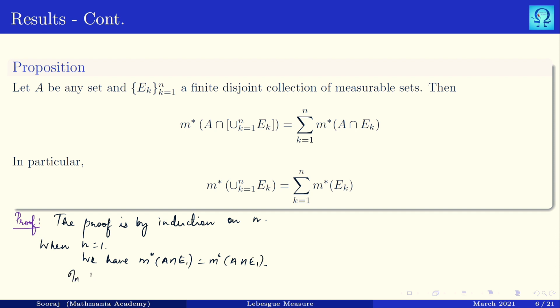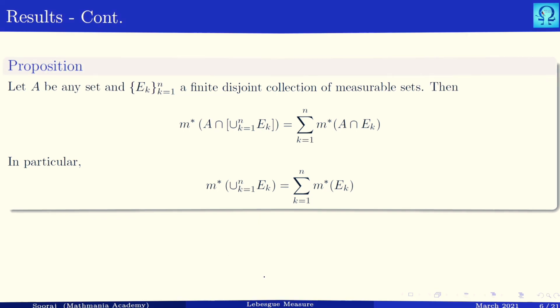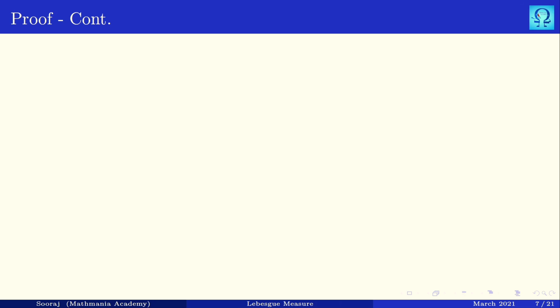So in this case, the proof is obvious. So we assume that the result is true for n minus 1 sets.